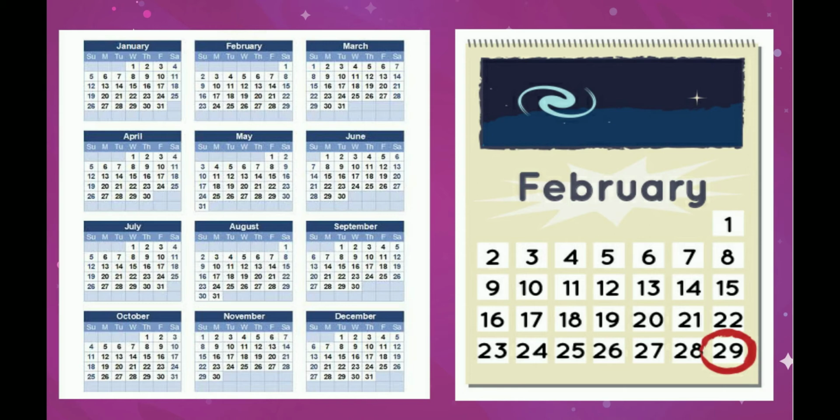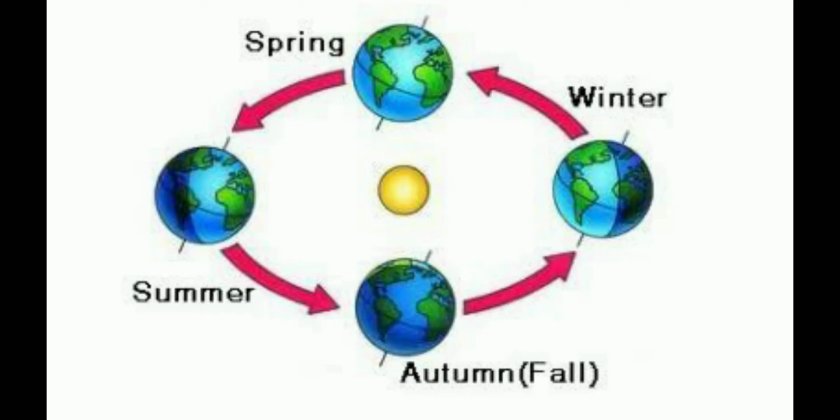Thus, in a leap year, February has 29 days. That means after every 4 years, that particular year will have one more day added to it. That is why many of your birthdays may be falling on February 29, in a leap year.